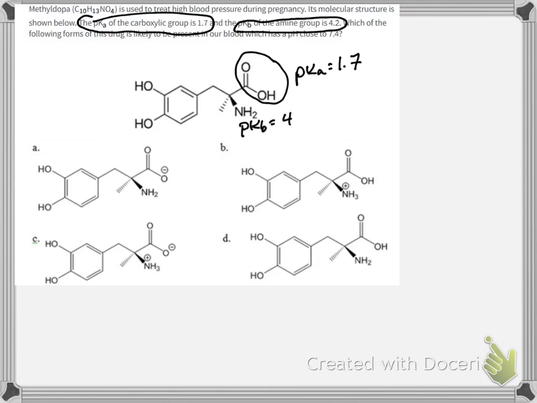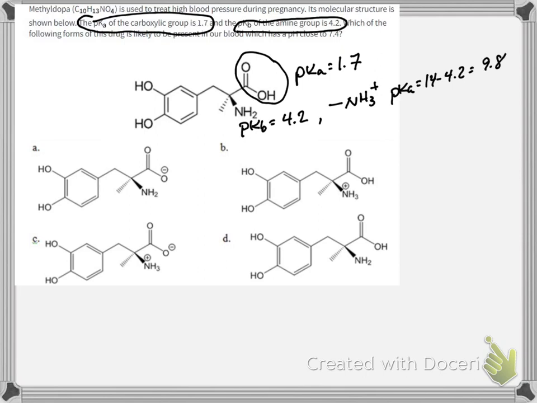The amine group here has a pKb of 4.2, but since our analysis is centered on pKa, we're going to convert our amine, NH2, to the pKa version of it, which is NH3+. This is the conjugate acid version of NH2. We calculate its pKa, and we get 14 minus 4.2, or 9.8.